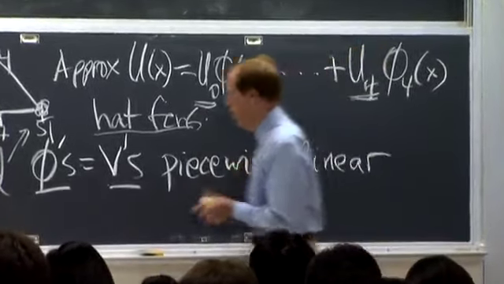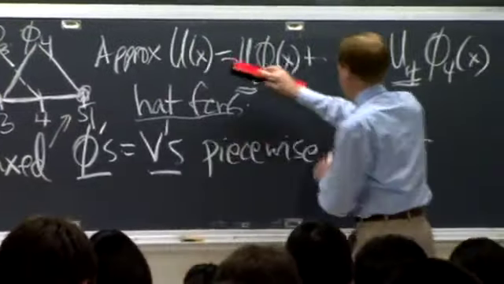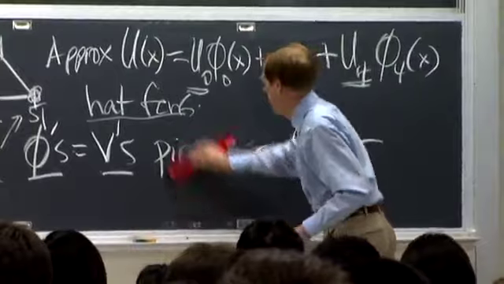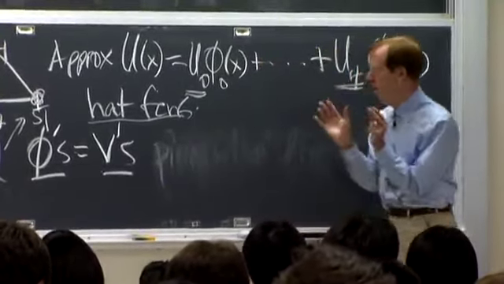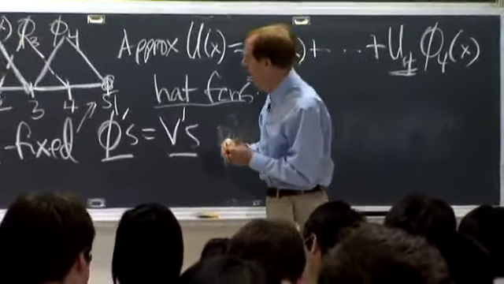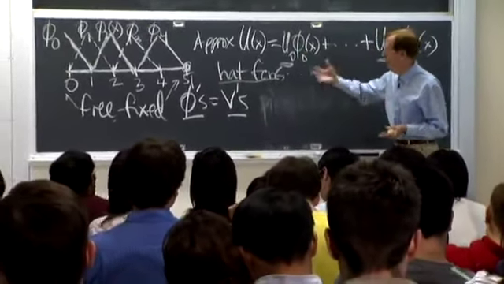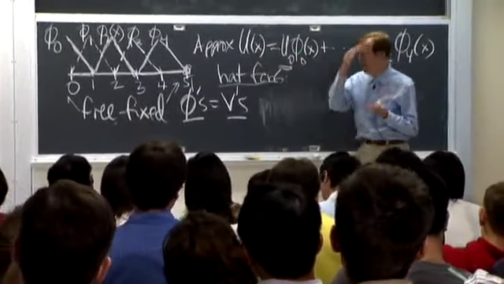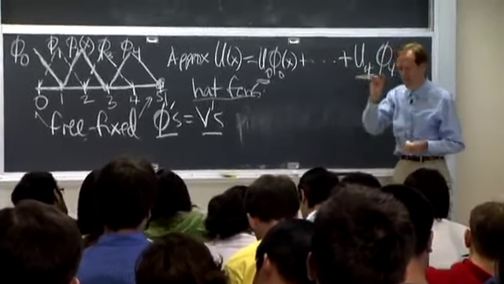So why don't I draw a graph of u of x? I don't need the words piecewise linear. You see, I have a kind of space of functions. My approximations are combinations of these fixed basis functions.